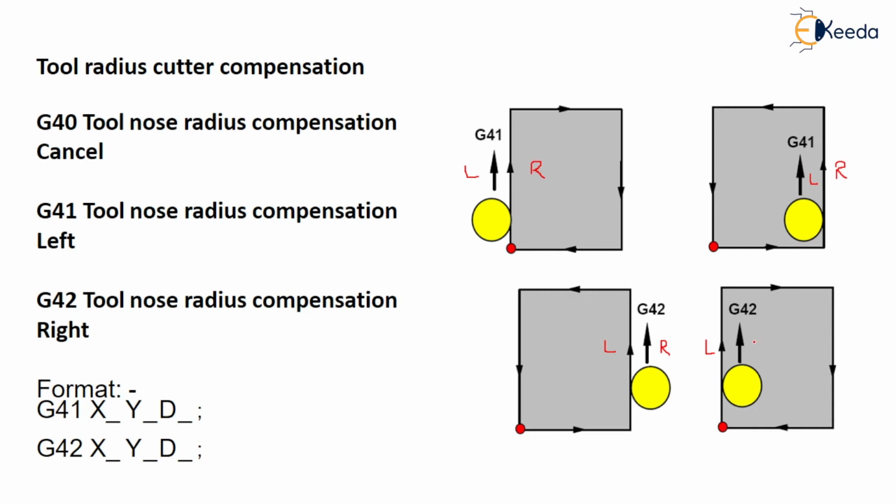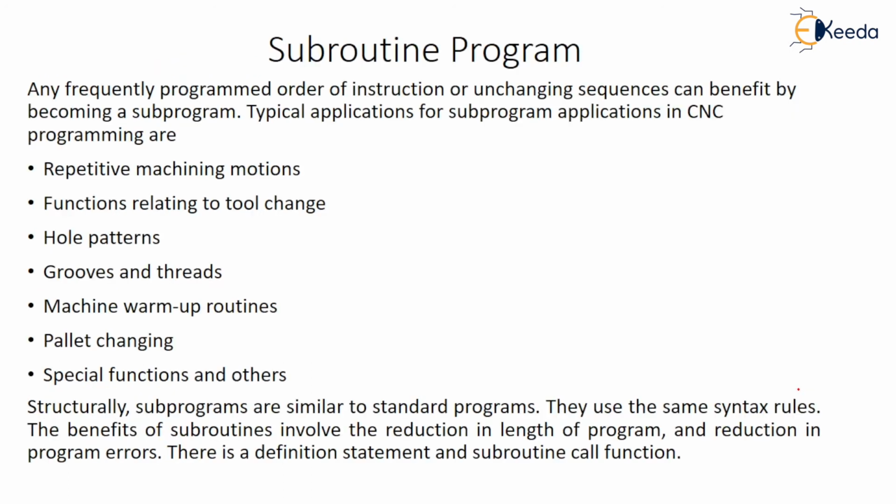G42 is a right side compensation because that path is from the right. And here also G42 is from the right side, so that path is from the right side. Okay. I hope you understand very well in this condition also.